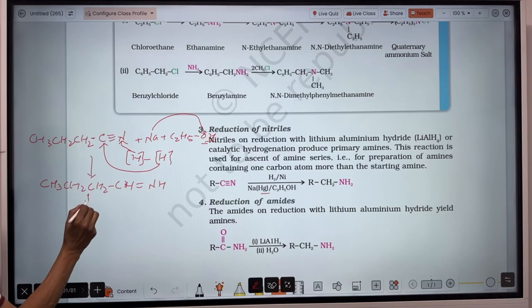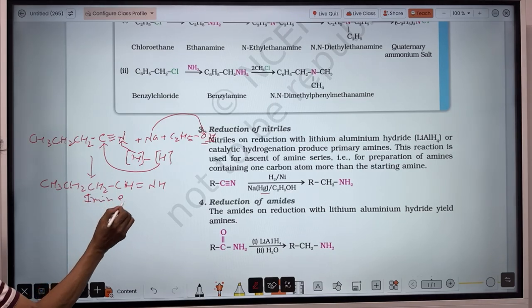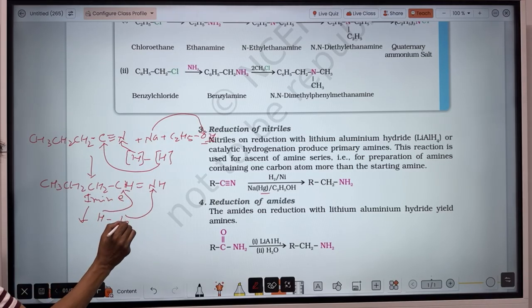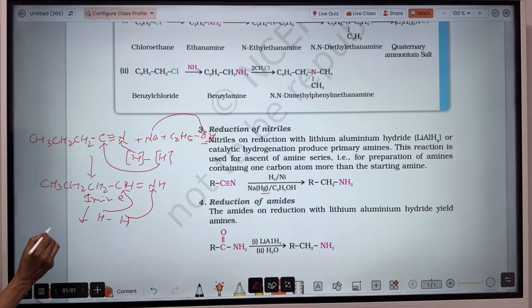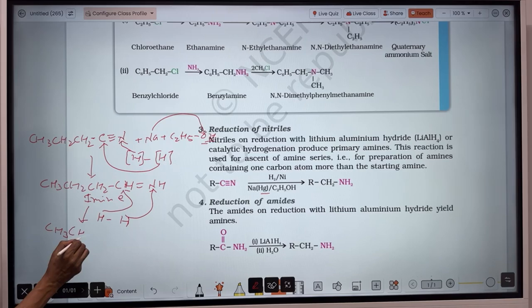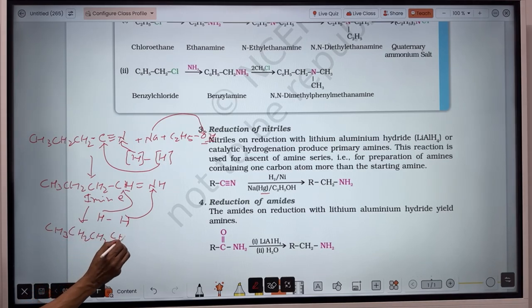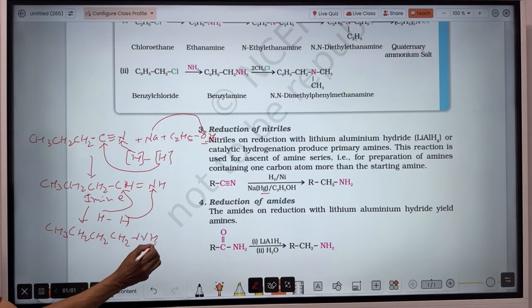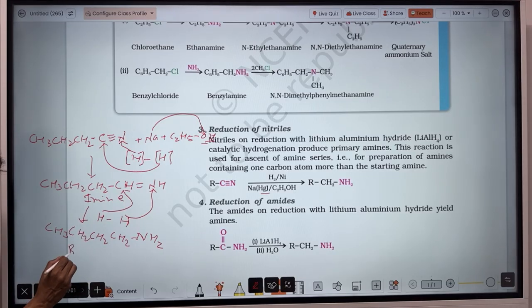So firstly there will be formation of imine, and then again this hydrogen will combine with this carbon and this nitrogen. So during that course also there will be formation of butanamine.